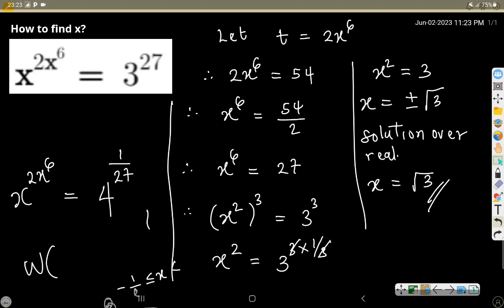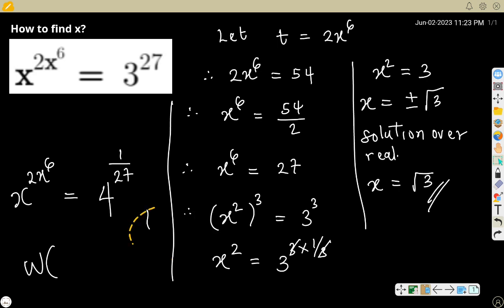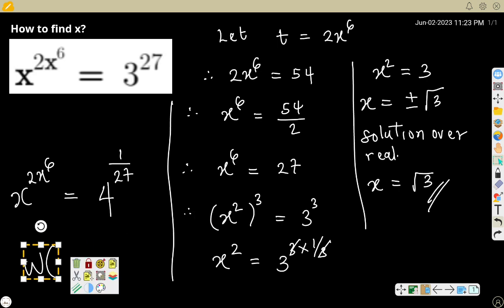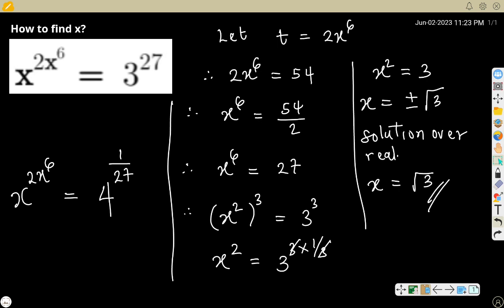So now try this question with your method, then you will see. So finally s is equal to root 3 for our own question.